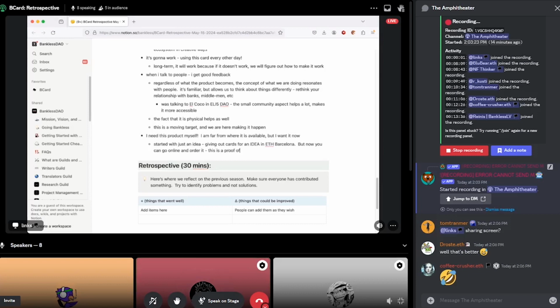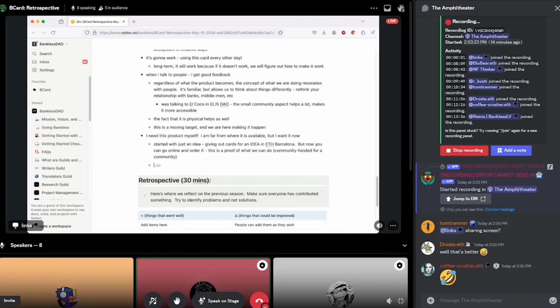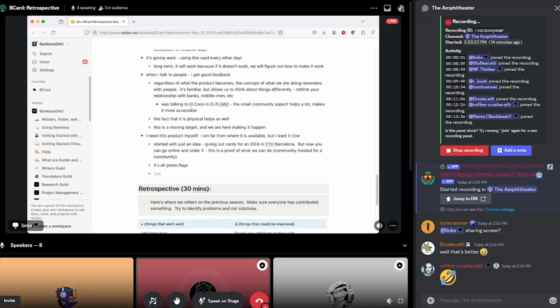We don't have any investors. We are community funded, and we are building this for a community. So it's all the green flags in my book, and the biggest proof of whether this will work is the method that Links always says, and I'm using this to practice it in all of my private projects as well, because it's a golden nugget.